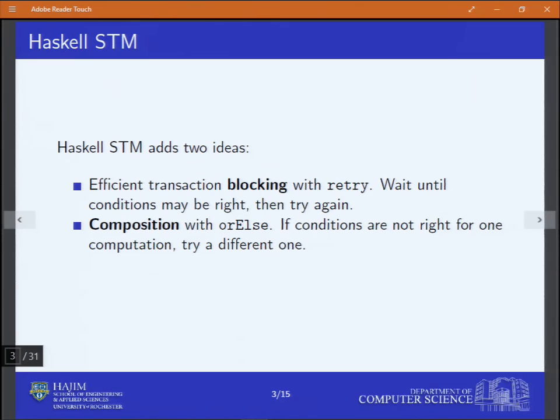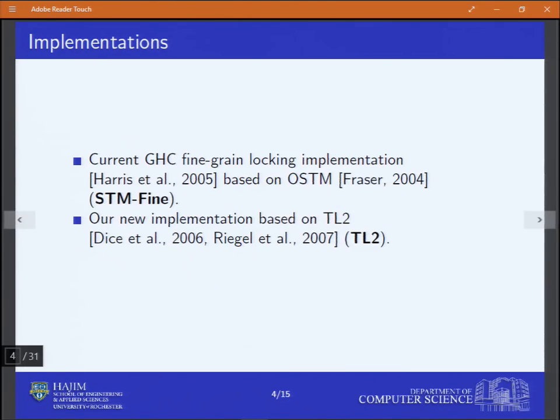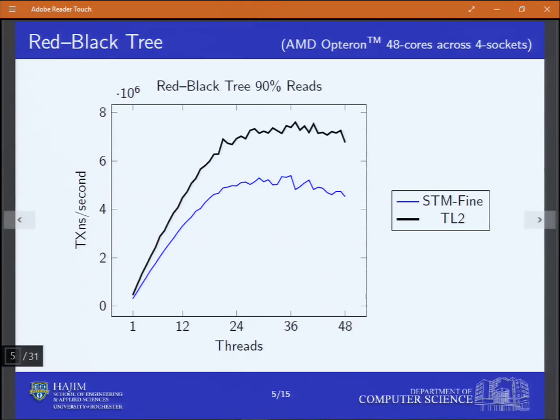By the way, this feature of retry and orElse is not widely available in other transactional memory systems. Some of the ones that have their roots in the functional world have copied what Haskell has, but generally it's not available in the research community. So part of our challenge was to extend TL2 to support this blocking and retry.